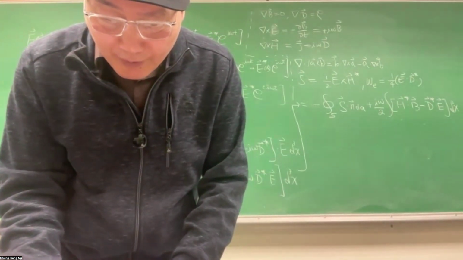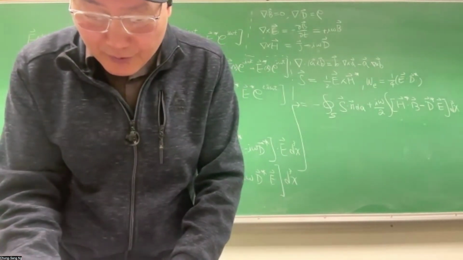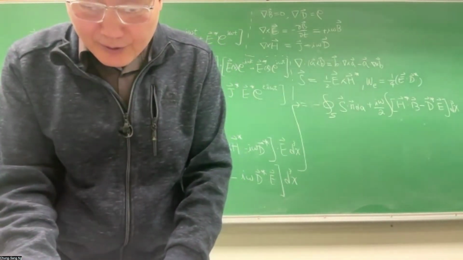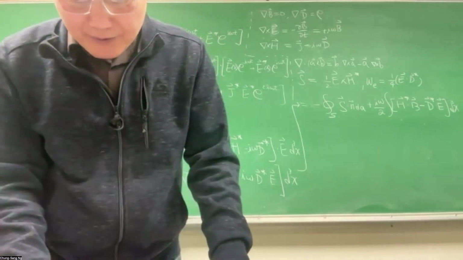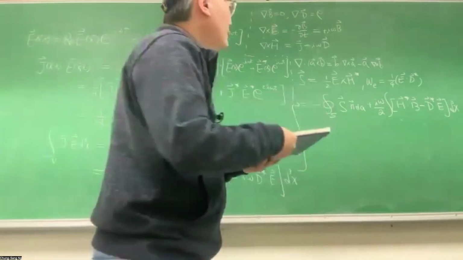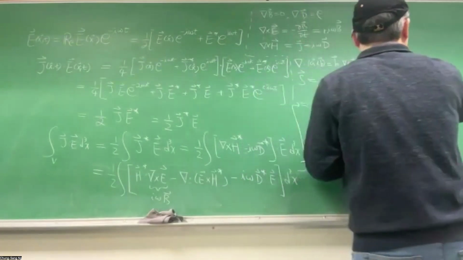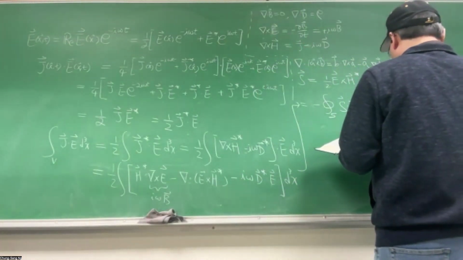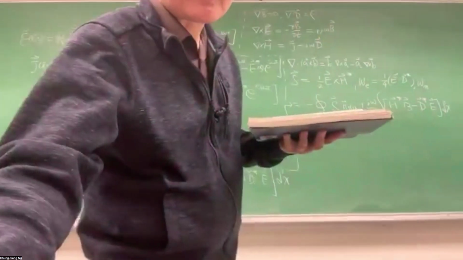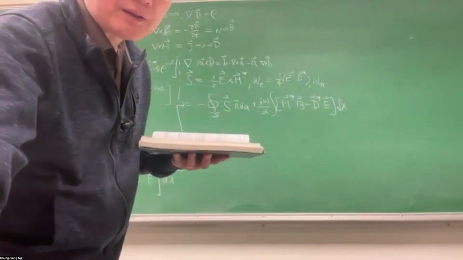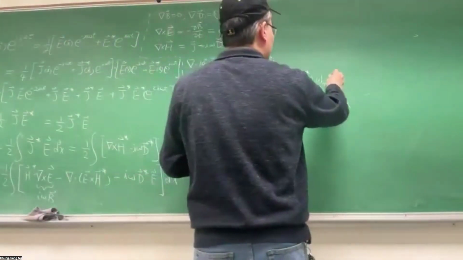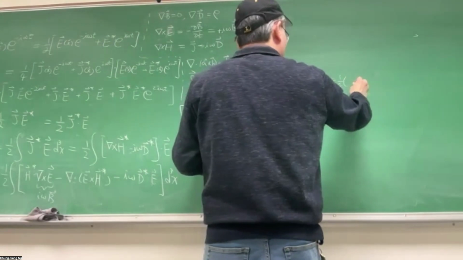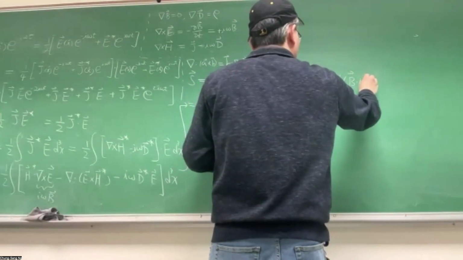In 6.7 we have that. The U, in 6.106, the field energy density, is 1/2 of E dot D plus B dot H, right? So WE is like that, and WM, the magnetic field energy density, is 1/4 of B dot H, complex conjugate.